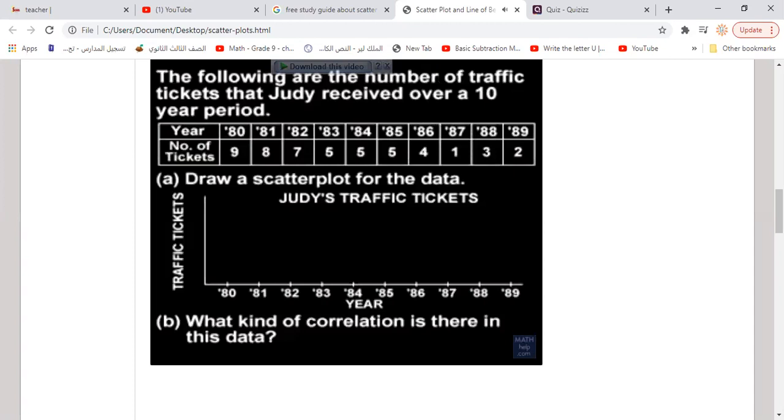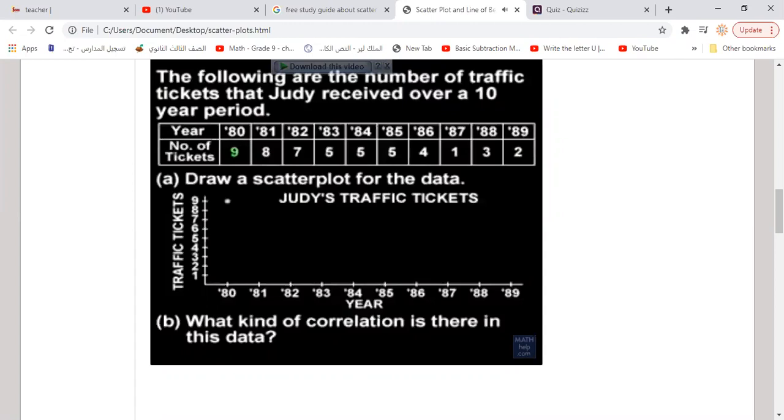Along the y-axis, we need a scale. I would suggest using a scale starting with 0 with intervals of 1. So we have 1, 2, 3, 4, 5, 6, 7, 8, and 9. Now we simply plot the points.